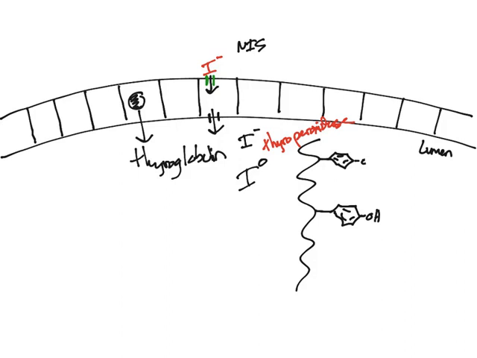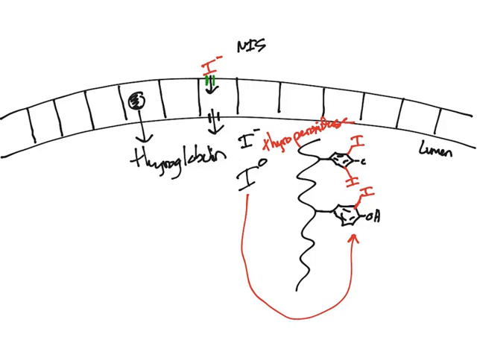So these atoms, they like to bond. And they can bond in two different ways. They go over to the tyrosine, and they can bond either single or double. Okay?